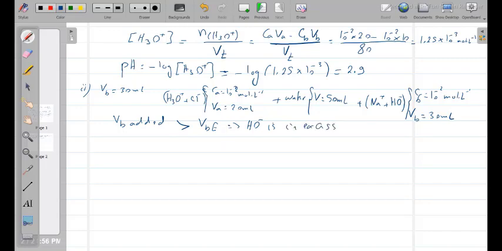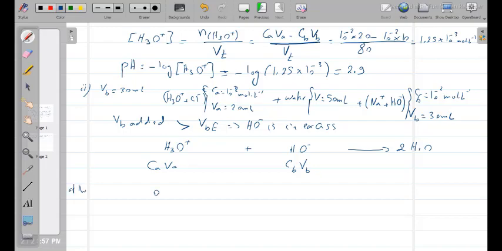The medium is basic. The equation H3O+ plus HO- gives 2H2O. We added CaVa of strong acid and CbVb of strong base. At the moment, HO- is in excess, then H3O+ is the limiting.